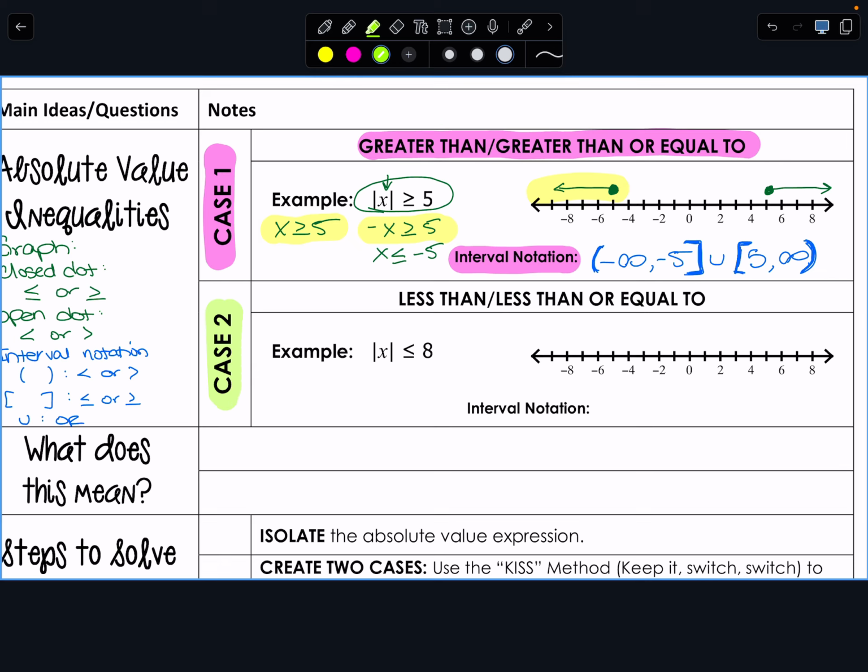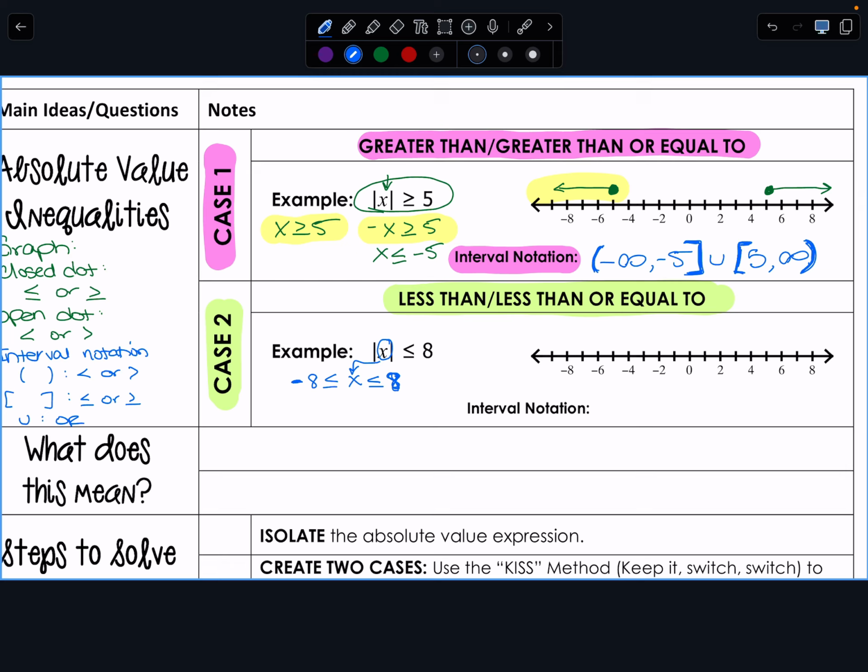Now, case 2 is when I have an absolute value and I have less than or equal to. This is where I write a weird type of inequality. So I can still have the case where 8 can be negative, and I can still have the case where 8 can be positive, but I create a little sandwich where I put what's inside the absolute value in between 2 less than or equal to signs, and I'm less than or equal to the negative number, and I'm less than or equal to the positive number.